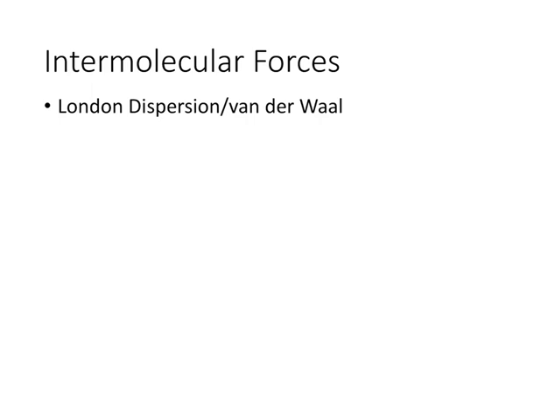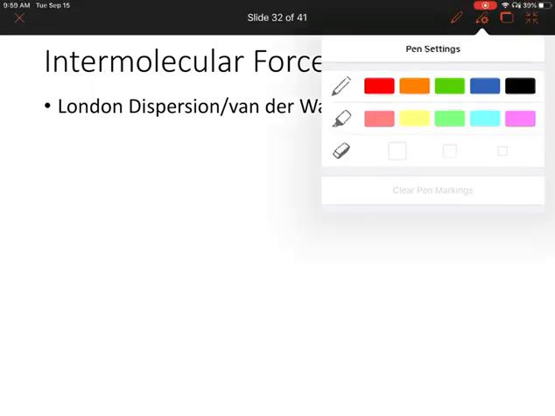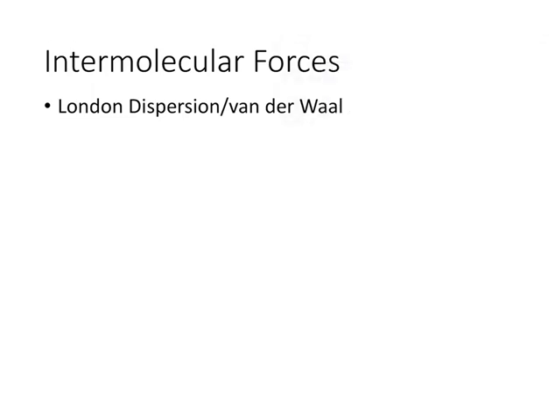So let's start with London dispersion forces, or these are also known as van der Waals forces. This is the weakest force out of the intermolecular forces. And really, London dispersion forces occur when you have an instantaneous dipole moment.